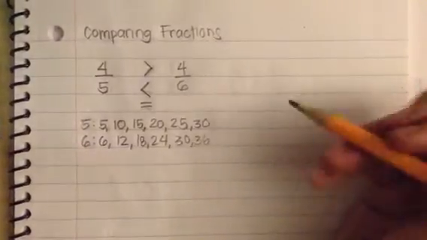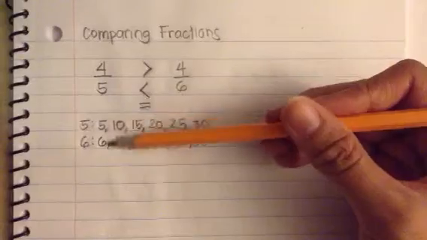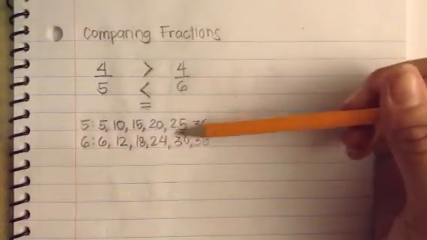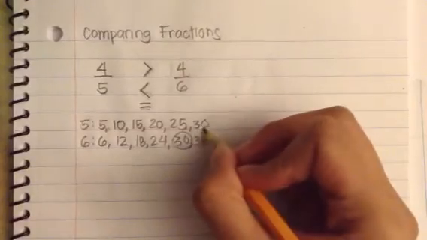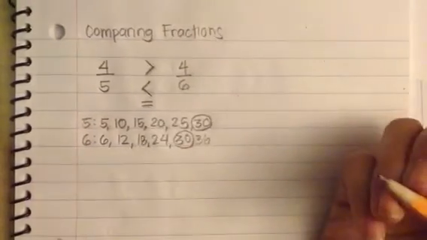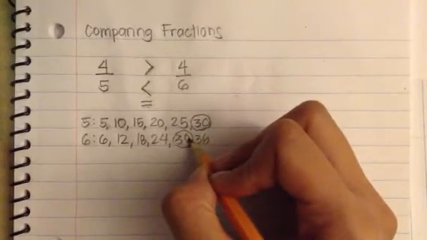When I see that I have a good amount of multiples, I look at both lists and see which numbers they have in common. And I notice that 30 was a number that they both had. So that is now my lowest common denominator.